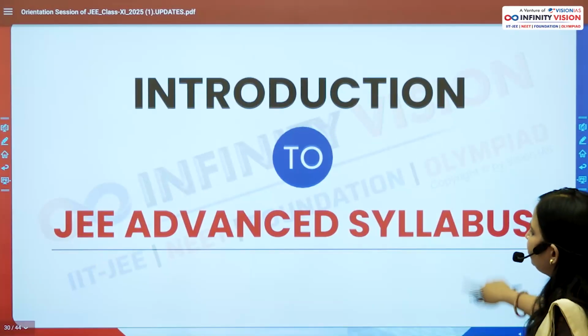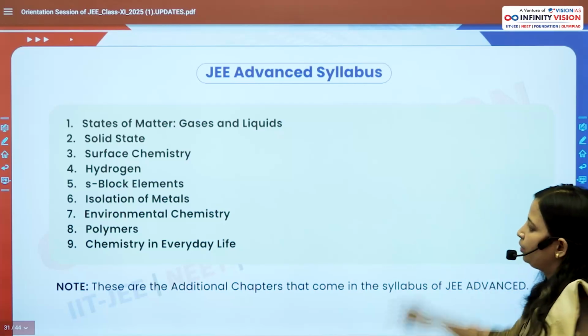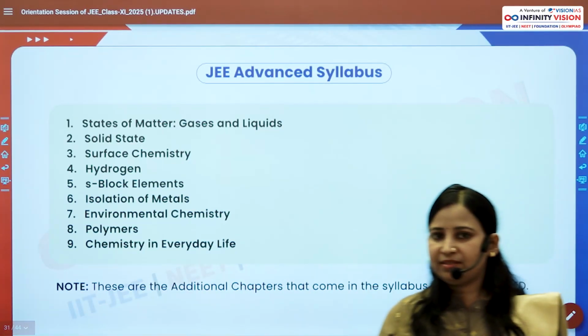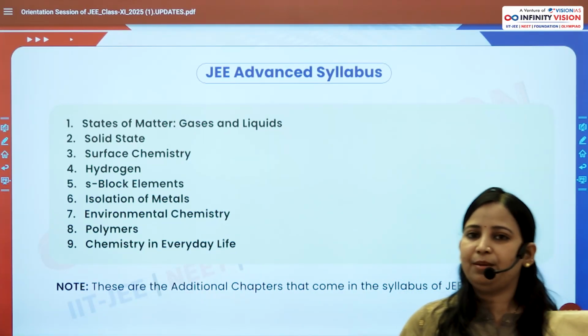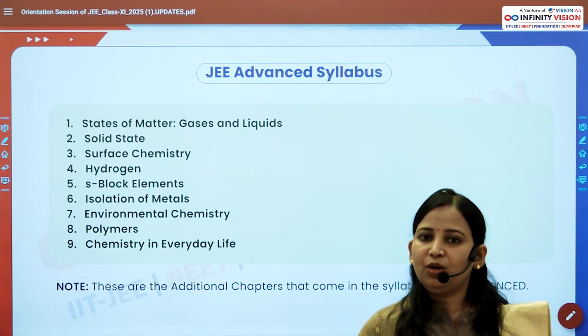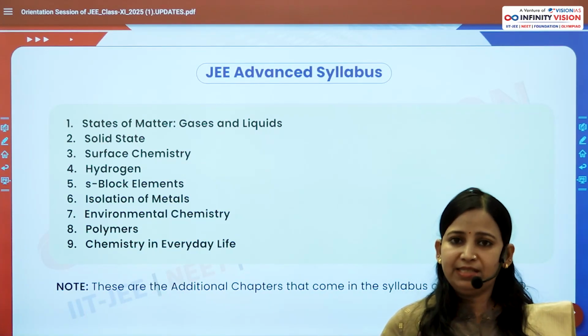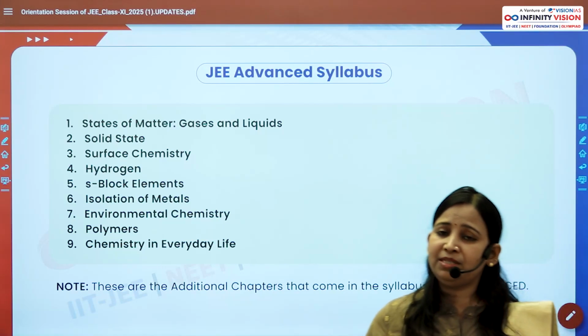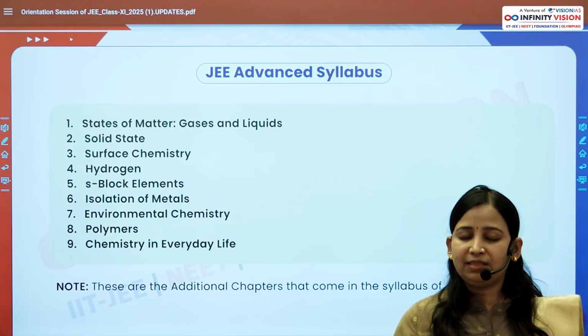Introduction to the JEE Advanced syllabus. We have now seen the CBSE syllabus for class 11 and the JEE Mains syllabus for class 11. Now we are going to see the JEE Advanced syllabus, which is quite different.